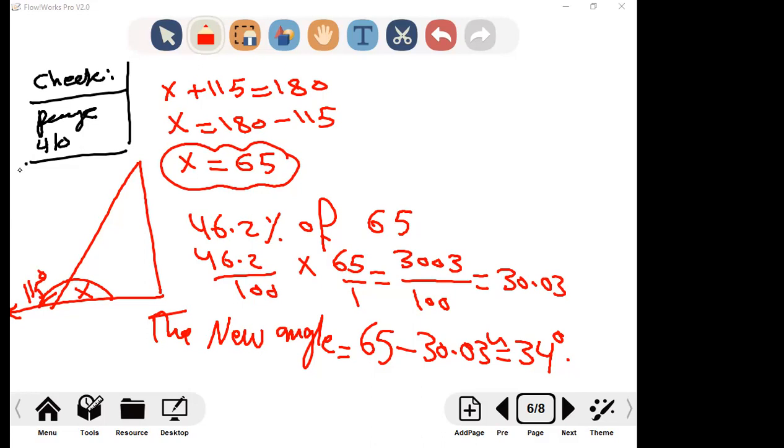Yesterday we took the vertical idea. Today the supplementary idea. Rounded means I rounded the answer. It was 34 point something, so it's 34. Do you understand?